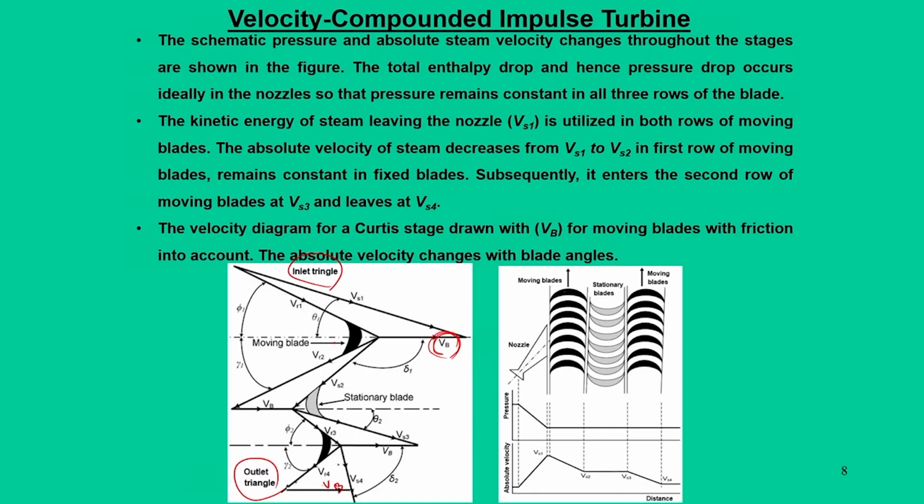To have this same velocity, the fluid has to be organized in this manner. That means the blade velocity is Vb everywhere in the velocity diagram. Then what does the stationary blade do? It simply guides the fluid to have a smooth entry at the next stage of moving blade.